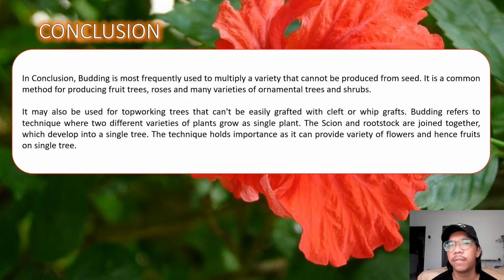Budding refers to a technique where two different varieties of plant grow as a single plant. The scion and rootstock are joined together and develop into a single tree. The technique is important as it can provide a variety of flowers and hence fruit on a single tree.